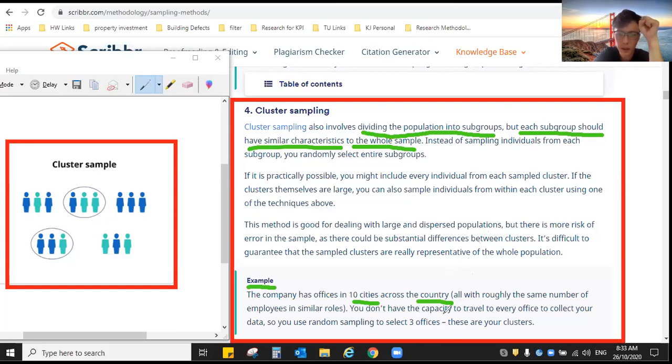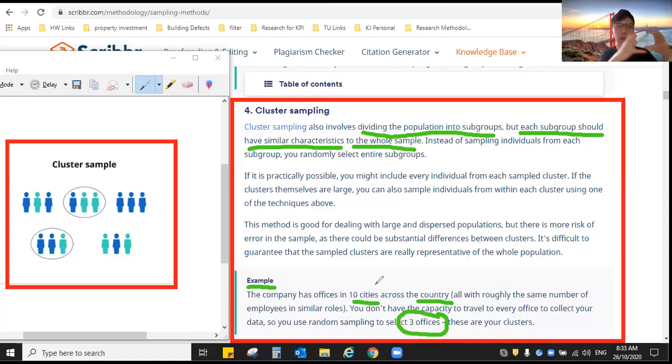Because you don't have the capacity to travel to every office, you randomly choose 3 offices. That is called a cluster.